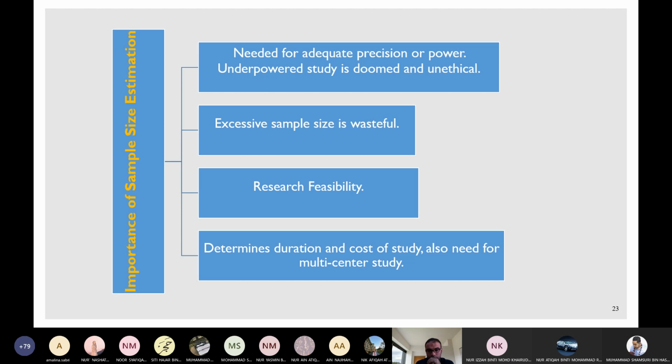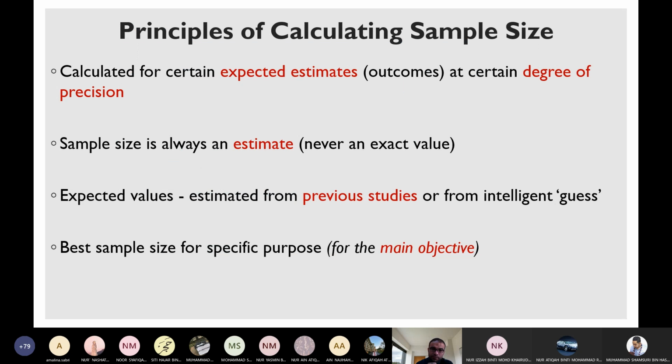Research feasibility, of course, is one of the main points, and the sample size estimation will determine the duration, the cost, and whether or not you include participants from more than one center, like a multi-center study. All this is related directly to sample size estimation.